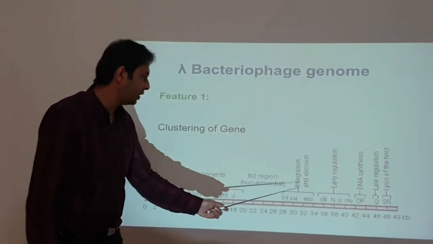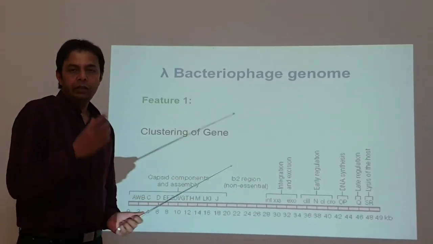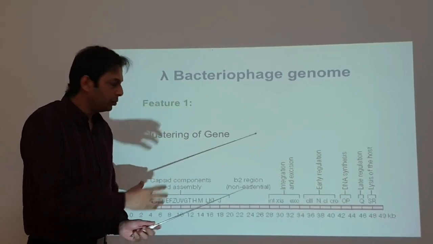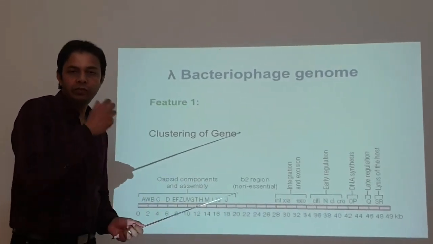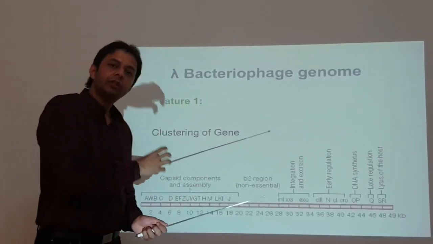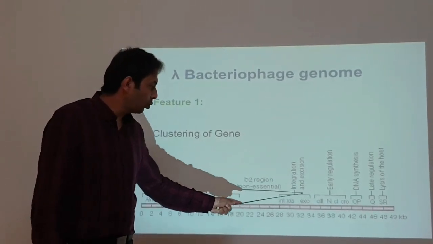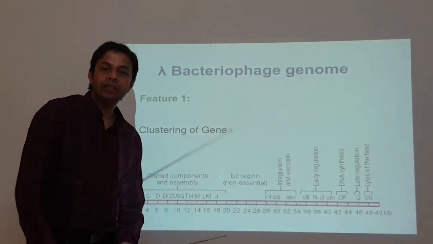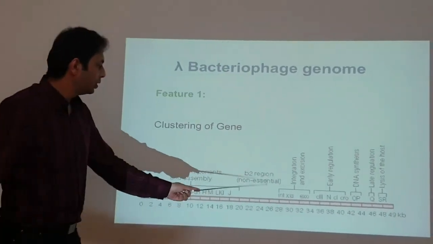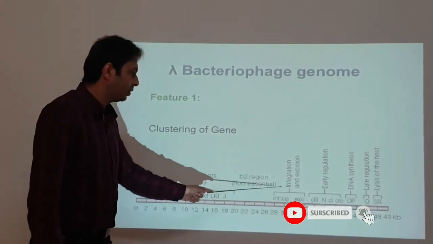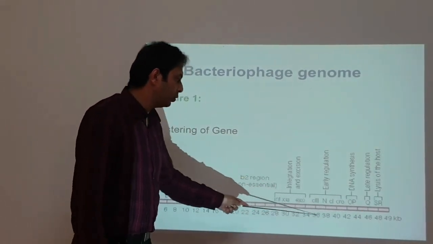Here you can also see some genes involved in integration and excision, because you know that lambda DNA integrates itself into the bacterial genome. These genes synthesize proteins which help the viral genome integrate into the bacterial genome, and some proteins coded by this region are involved in the excision of the viral genome from the bacterial genome. Here you can see the early regulation related genes.